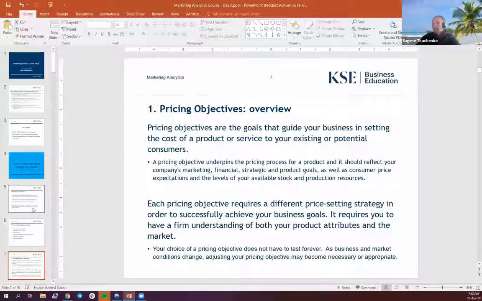Pricing objectives underpin the pricing process for a product, and they should reflect your company's marketing, financial, strategic, and product goals, as well as consumer price expectations and the levels of your available stock and production resources. So it supports the idea that you have a good grasp of the financial aspect of your company as well as the product side of your company.